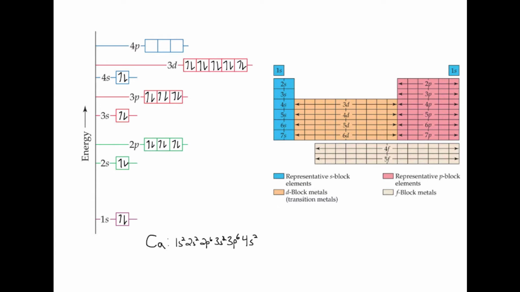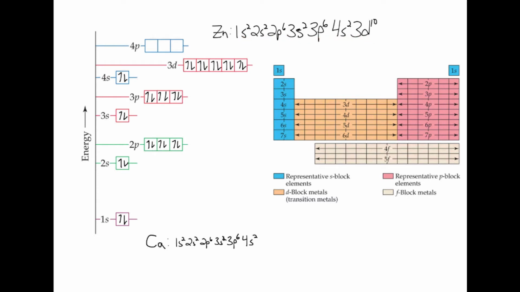And so my electron configuration for zinc, if I were to write that out, of course, would be 1s2, 2s2, 2p6, 3s2, 3p6, 4s2, 3d10.